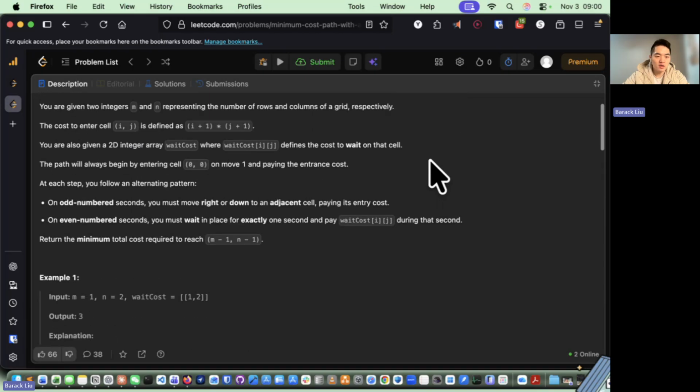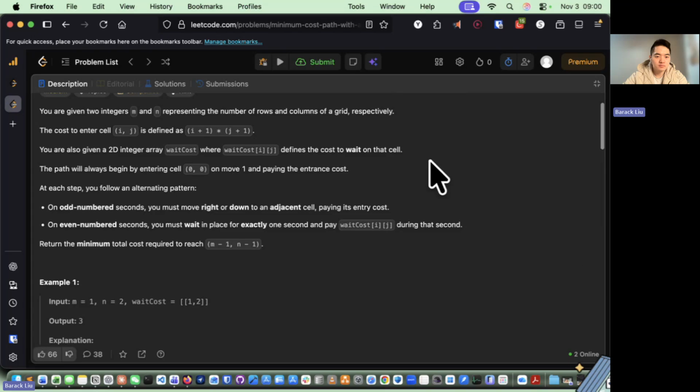When should we have waitCost? So on even numbers, you must wait in place for exactly 1 second and pay waitCost during that period.